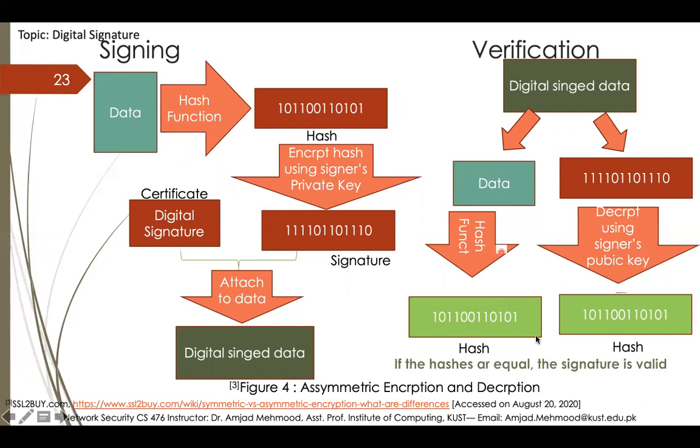If both values are the same, this means that the sender who sent the data is valid, and no changes were made over the network, meaning the data traveled without being altered. So your confidentiality and integrity are both maintained during the communication, and both are key ingredients of security. So this is how signing and verification are done.